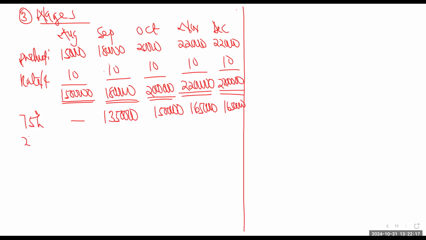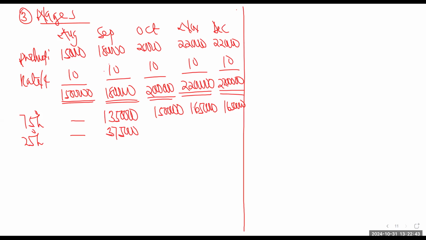Then we come to 25%. 25% of August is not necessary to us because we are preparing the budget from September. But we know that 25% of August will be paid in September. So 0.25 of 1.5 million gives 375,000.